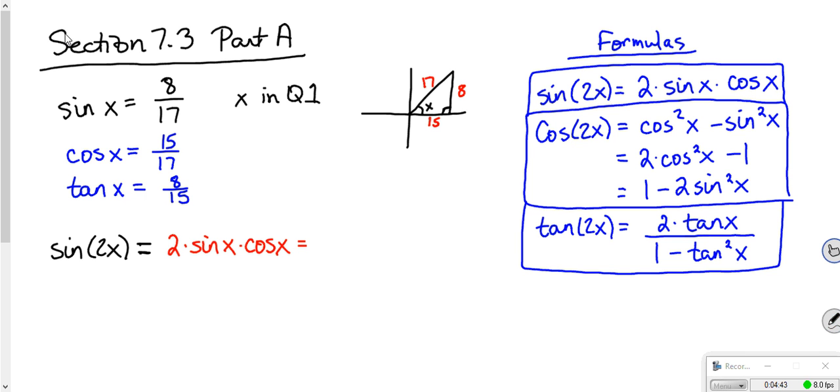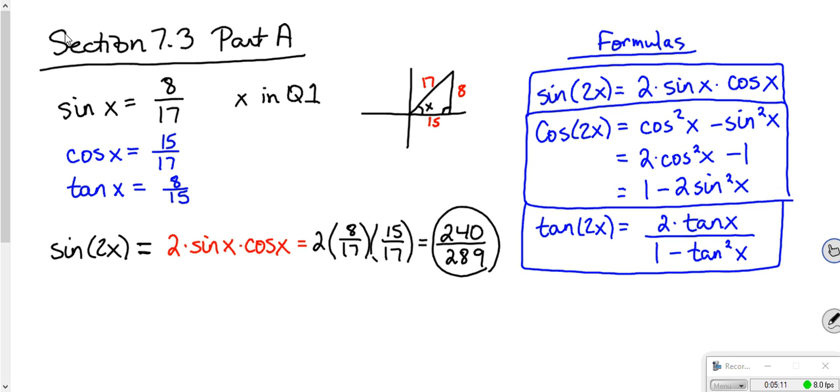So for us, that is 2 times 8/17 times 15/17. Throw that in a calculator and I end up with 240 over 289. That would be my answer.